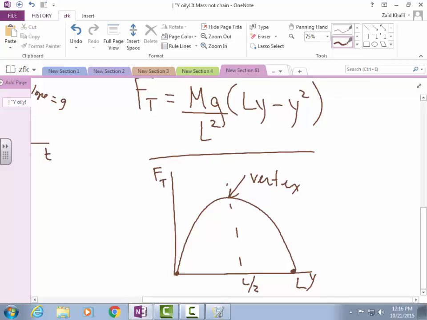Yes? This is a great question, Mika. I want you guys to think about that. He said, will it fall like this or will it rotate? And the answer is it has to fall straight unless there's external forces present. Why? Because what would be required to make it do this?